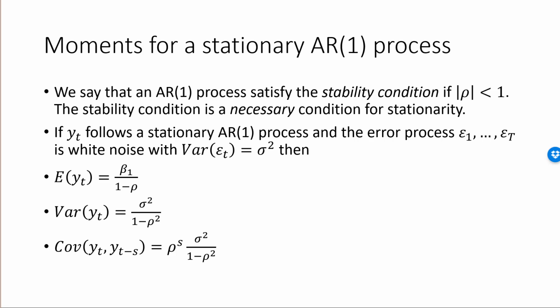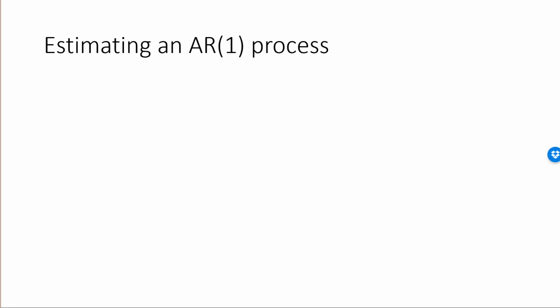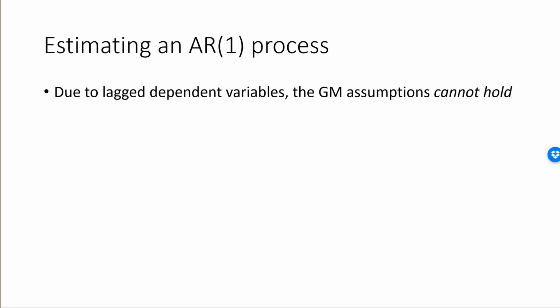So the final issue we will look at in this lecture is: if I have data on y, and I assume that this data is from an AR(1) process, is it then possible to estimate the parameters beta_1 and rho? And the answer is yes, you can do it using OLS, but since we have lagged dependent variables, the Gauss-Markov assumptions as we have stated them simply cannot hold.